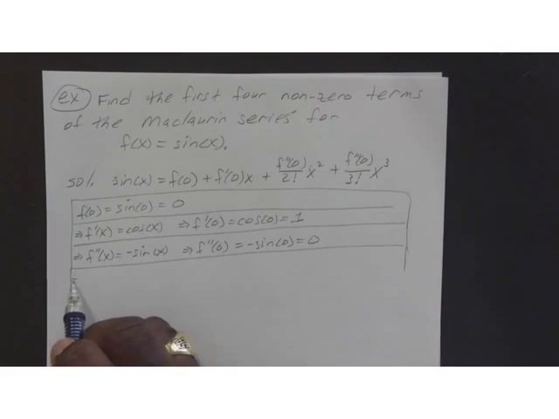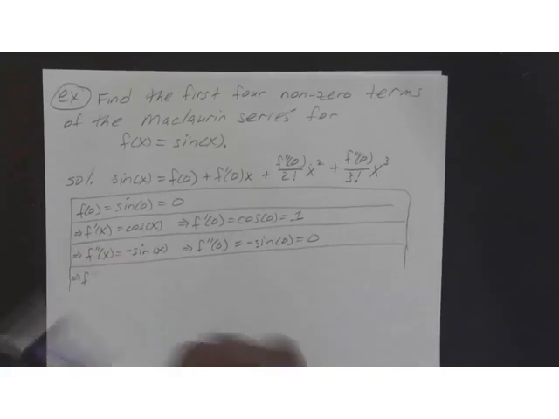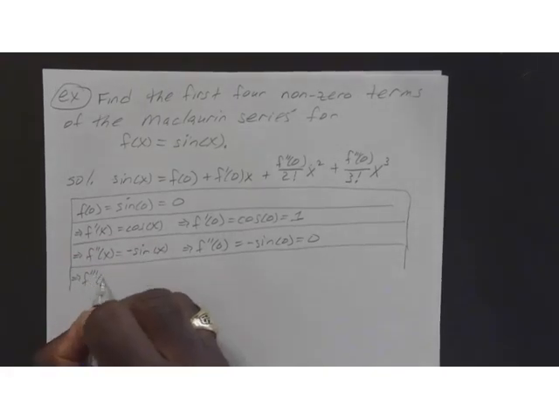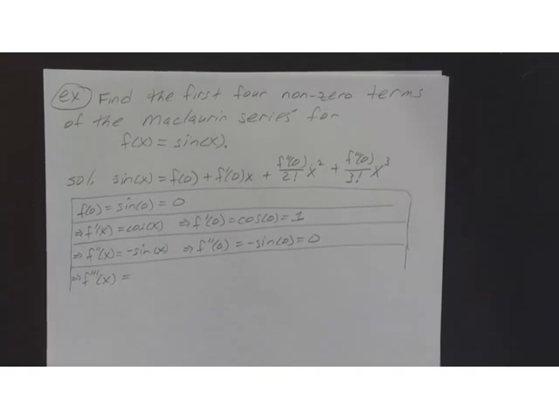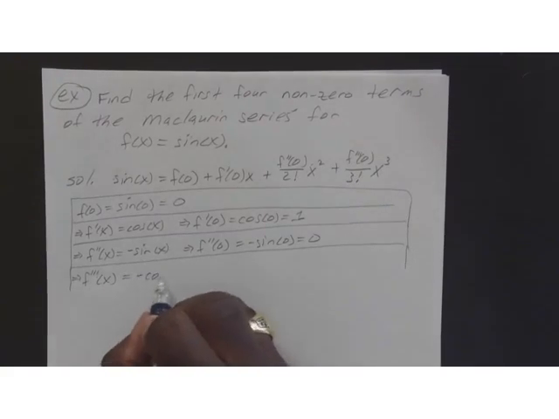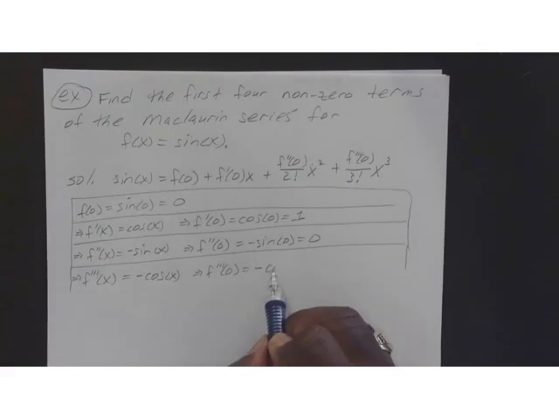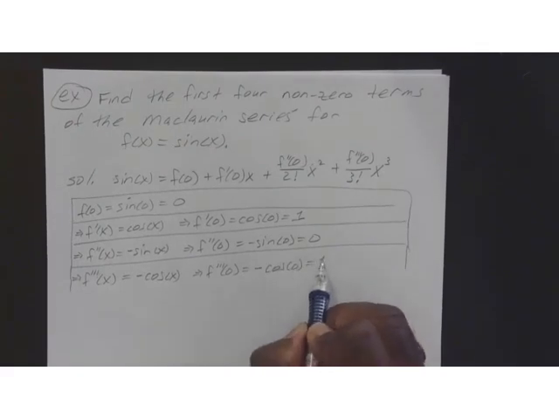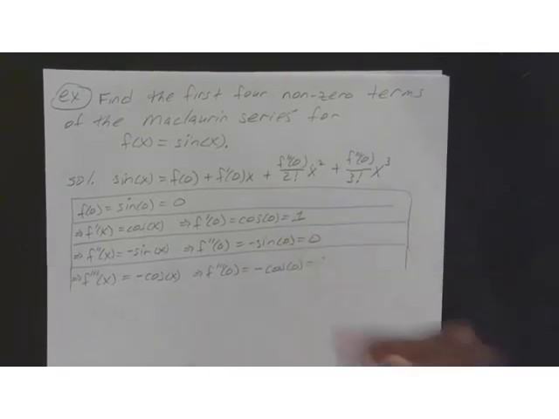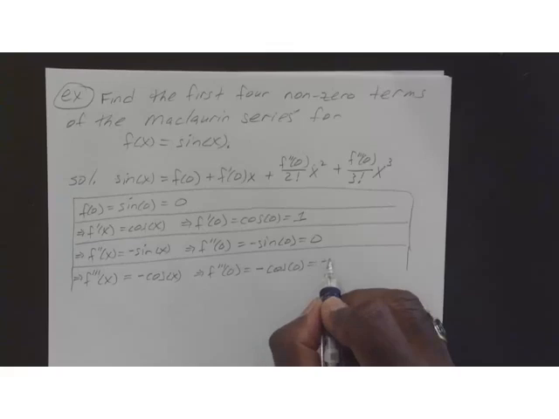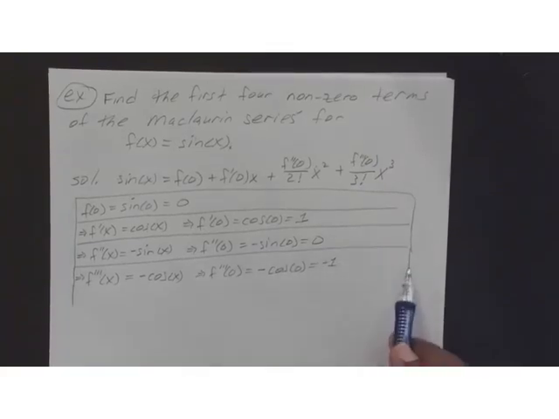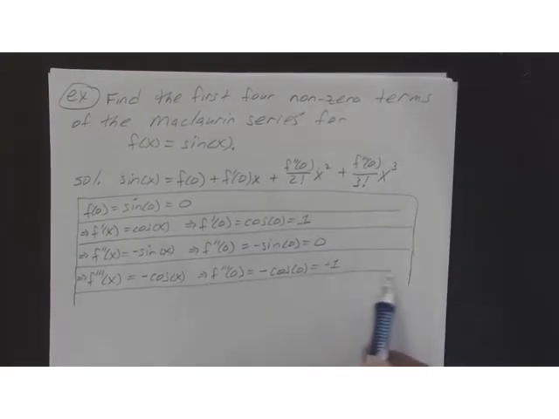And the third derivative of x is the derivative of negative sine, which is negative cosine. We know that the third derivative at 0 is equal to negative cosine of 0, which is negative 1. And we'll do one more just because we can.